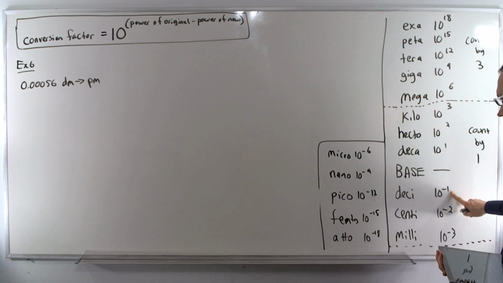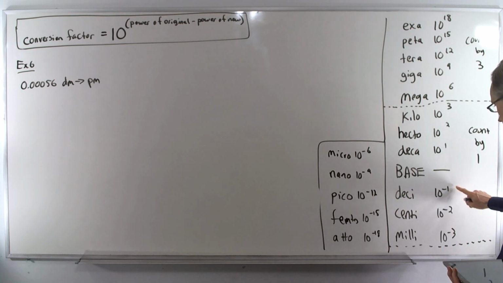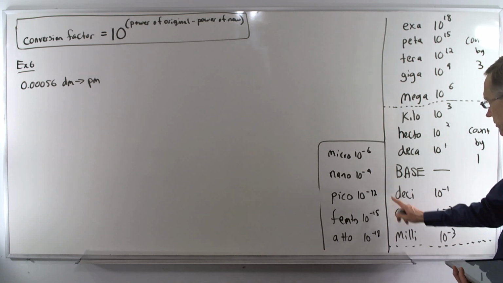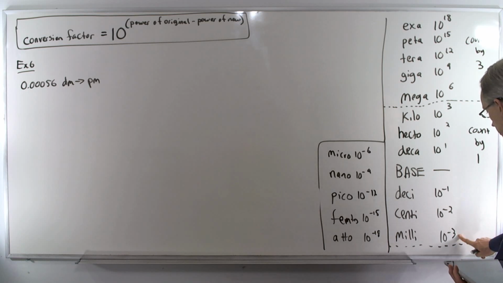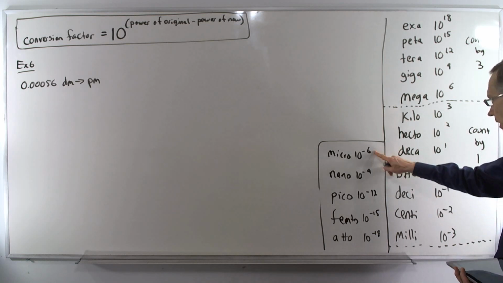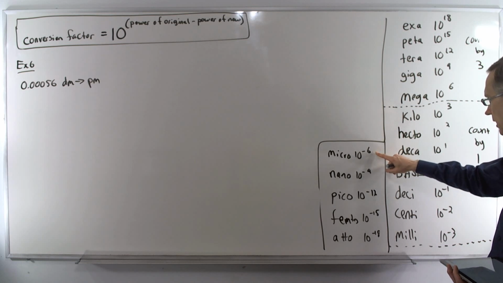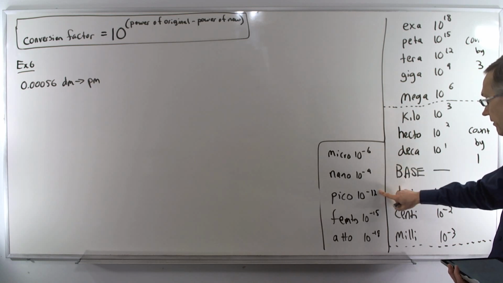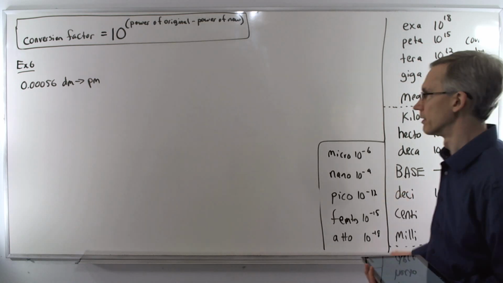We need to get down to pico. All right, so it stops here and then continues down here. We're going down by 1 here. So 1, 2, but now we're going by 3s. So it's 2, 5, 8, 11. We've just gone down 11, so that's positive 11 for the exponent.